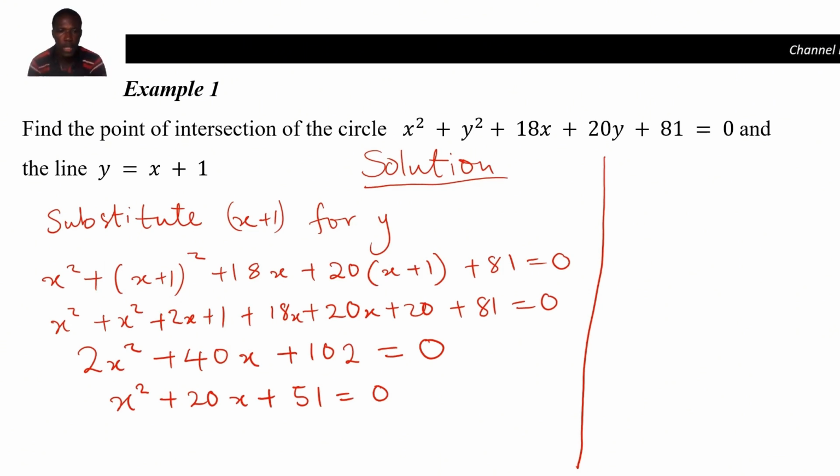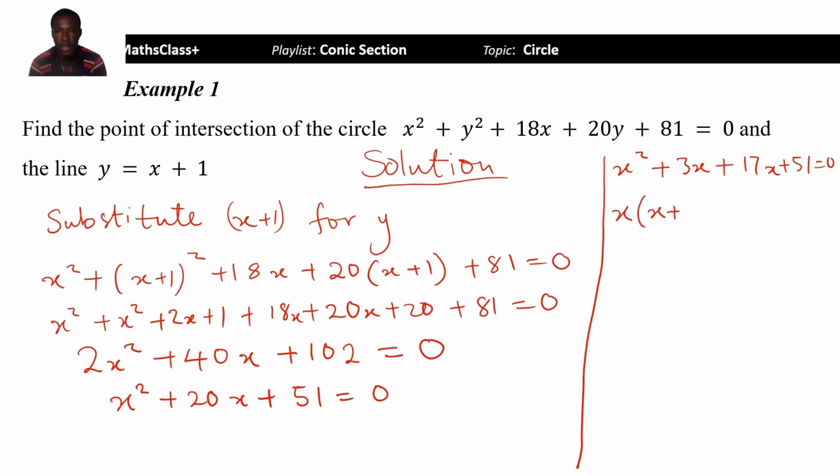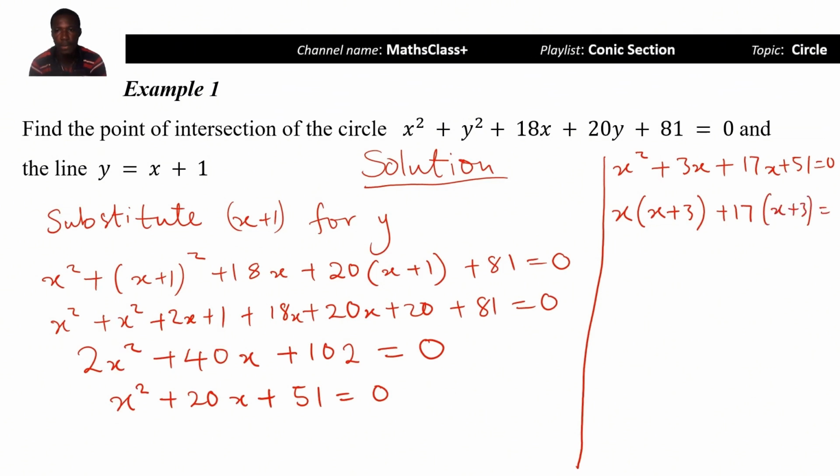So looking at 20x and 51, I can rewrite it as x squared plus 3x plus 17x plus 51 is equal to 0. So I'll have x, and then x plus 3, plus 17 out, x plus 3 equals 0.